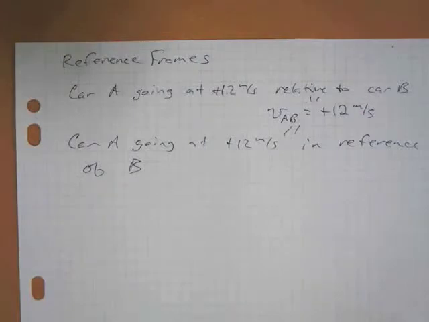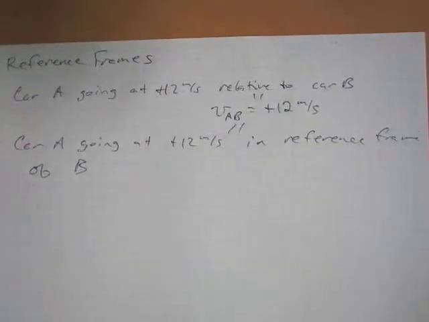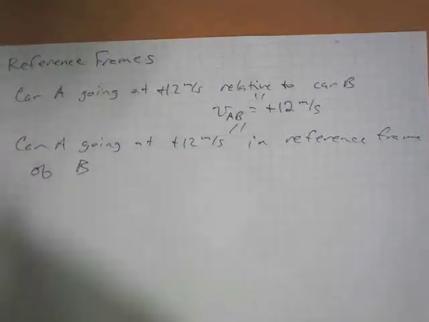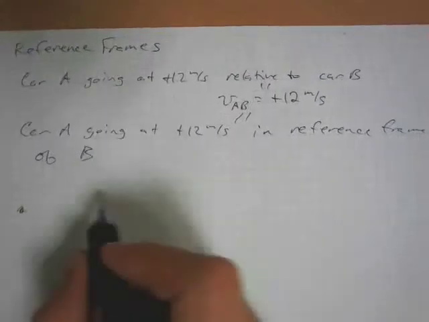And reference frames, oh, frame got cut off, oh well. To think about reference frames, it's helpful to think about the symbols, okay? So let's think about this. Let's say we've got two cars, or two people.